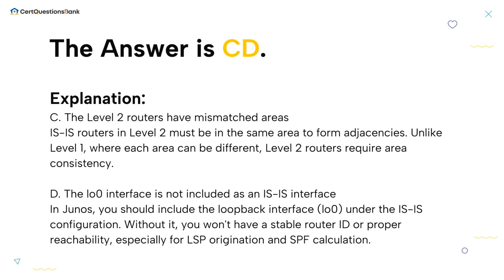D. The lo0 interface is not included as an ISIS interface. In Junos, you should include the loopback interface, lo0, under the ISIS configuration. Without it, you won't have a stable router ID or proper reachability, especially for LSP origination and SPF calculation.